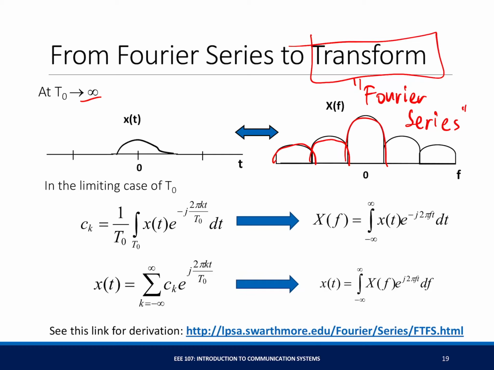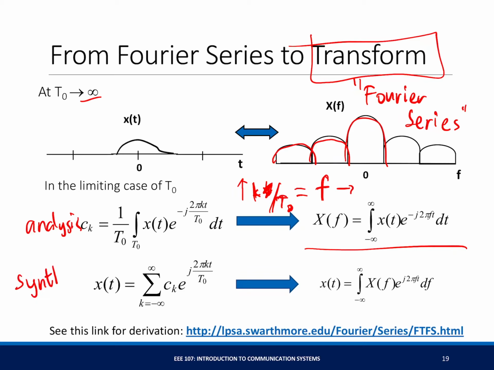In this limiting case, where your T naught approaches infinity, this analysis equation becomes this. Your k over T naught will just become some frequency f. Since T naught approaches infinity, your k also approaches infinity, so your k over T naught will just become some finite value f.